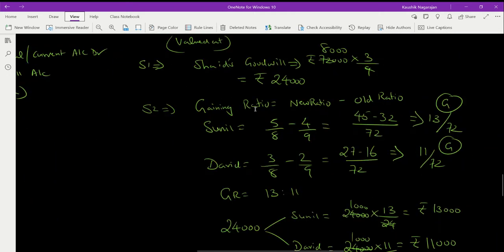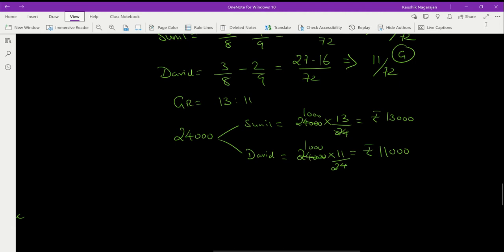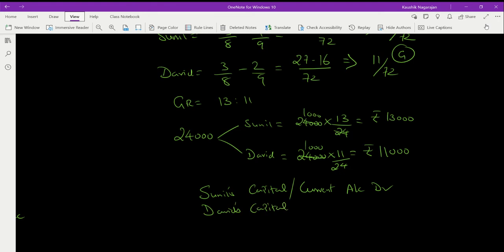Now we need to frame the journal. The journal will be: gaining partners' capital will be debited. That means Sunil's capital or current account is debited, followed by David's capital or current account is debited, followed by the retiring partner, to Shahid's.